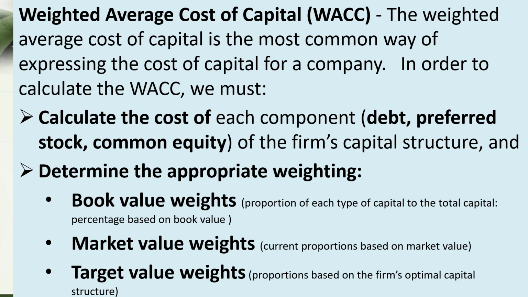The management decides what should be our common stock holding, what should be our preferred stock holding, and what should be the debt financing. After all calculations, we will have a target in the next few years that we are going to arrive at. So we take that target proportion, and accordingly we calculate the weighted average cost of capital.